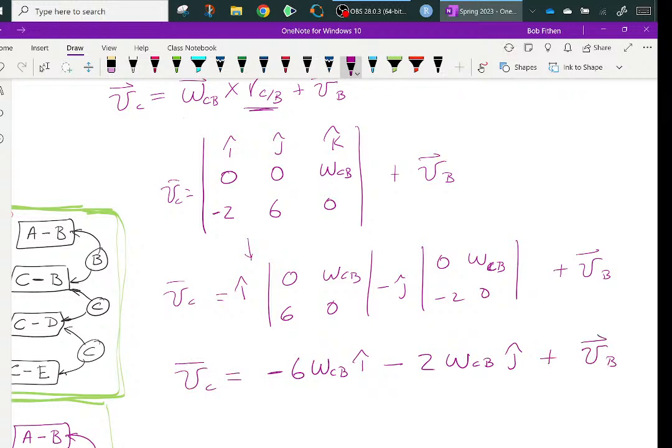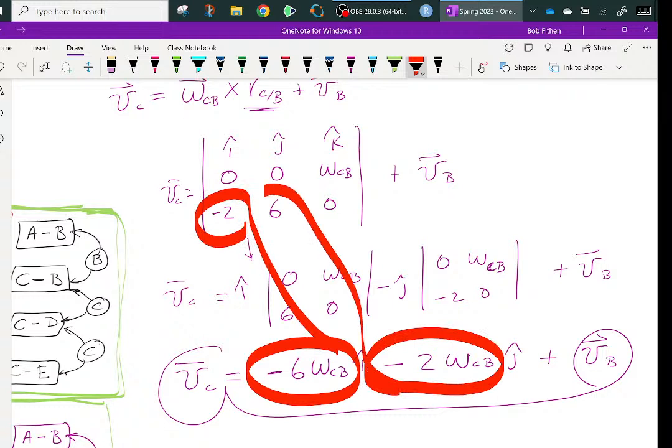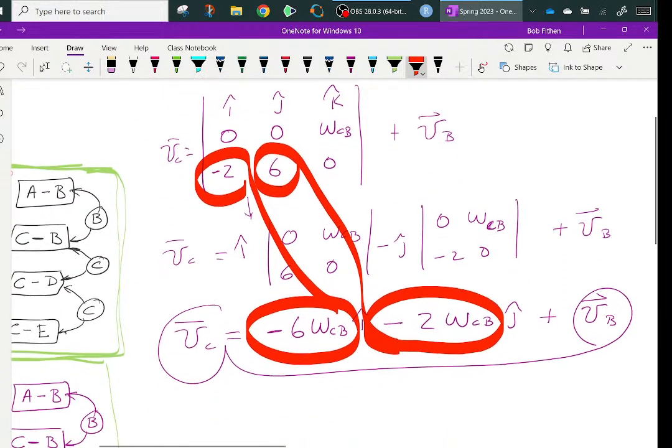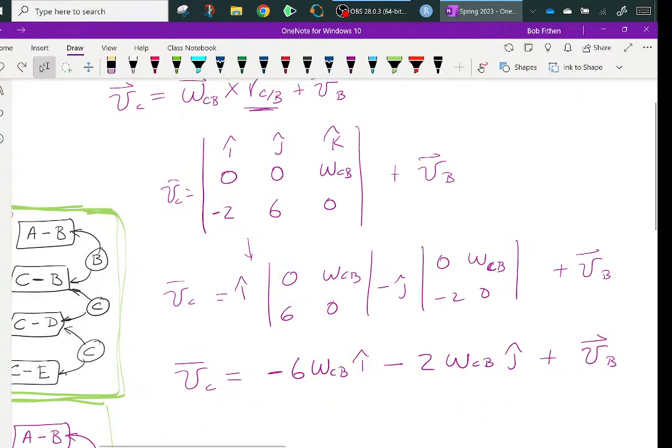Now, in my mind, I'm ignoring this and this right now. I'm focusing only on this. And what you find out is this times that plus that times that will show you that the vector that I get here, that velocity, whoops, I have to hit the escape key sometimes.